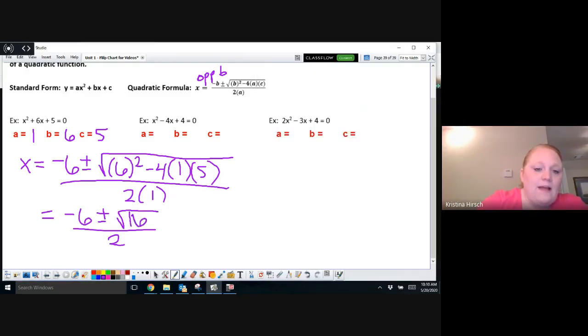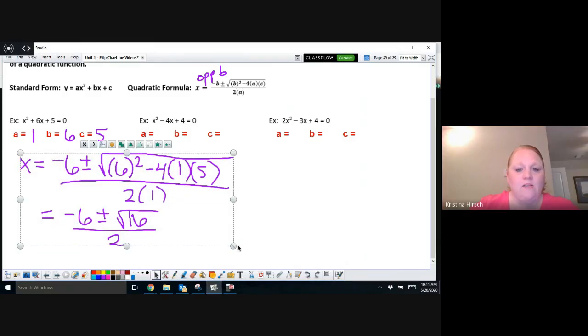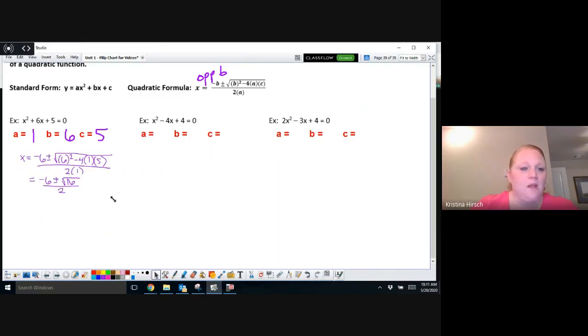Well, right away, that tells me something about my problem. I know that because my discriminant is 16, remember that's the discriminant part, b squared minus 4ac, I'm going to get 2 solutions and that they're going to be real. Now, you can keep piecing it out if you want to. I don't piece it out. I go ahead and just let my calculator do this for me.